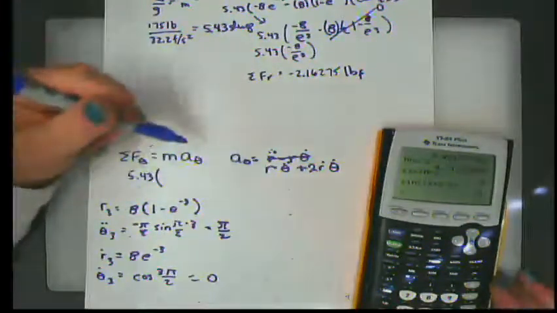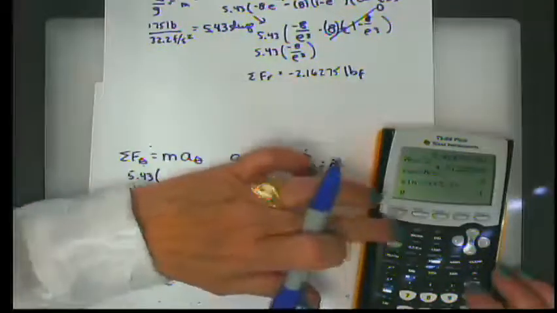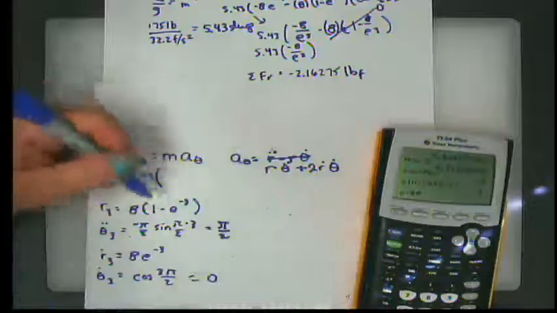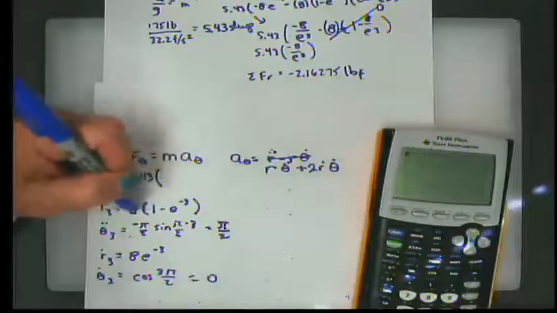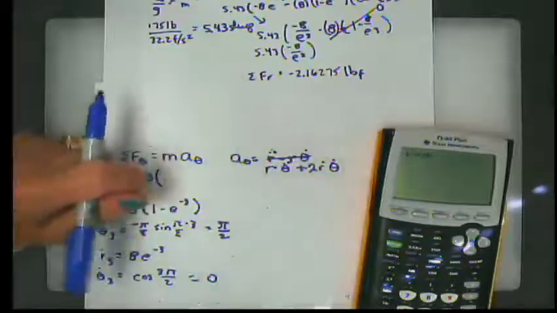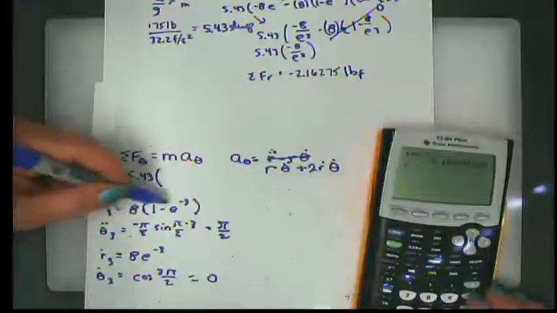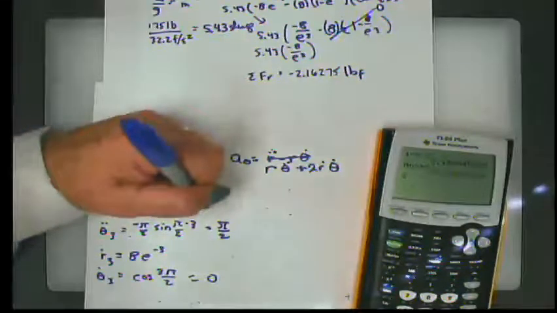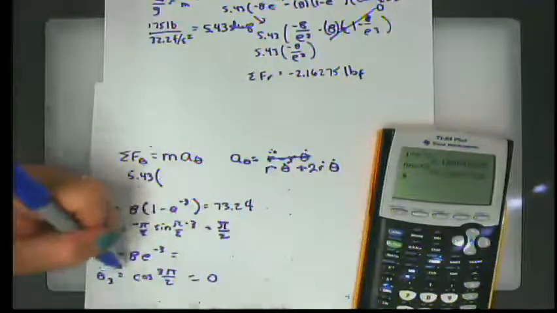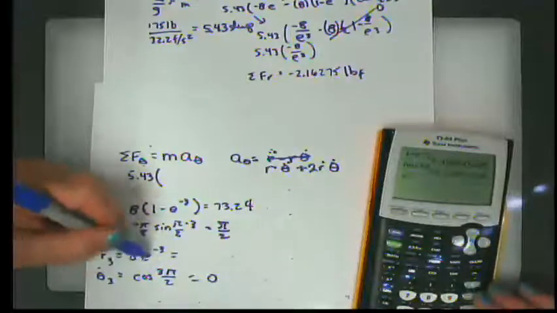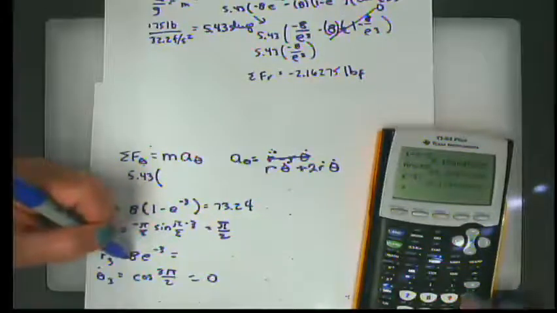And then here we get e to the minus 3, and we subtract that, so that changes sign, plus 1. That's wrong. Right, so let's go 1 minus e to the negative 3 equals, and multiply that by 8. All right, so this quantity is 73.24, and this quantity is second e to the negative 3 times 8.